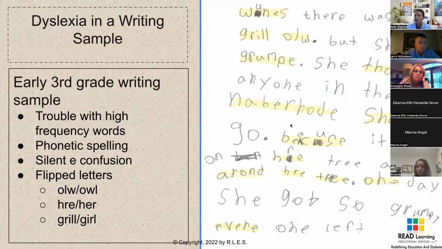Her is another really common word. Once, they often see in the once upon a time in stories, and you would think they would at least have that O in place, but this is very, very phonetic. So if you can't tell dyslexia by reading, you can usually see it in their writing.